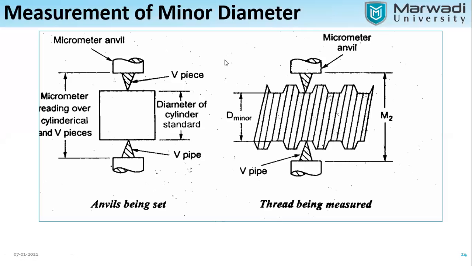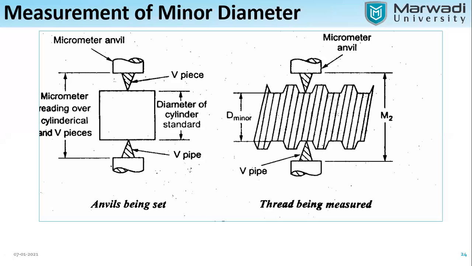Very good afternoon, students. In the previous session, we discussed the various parameters of measurement for the screw thread. We went through the various methods for measurement of the inner diameter of the internal screw thread.